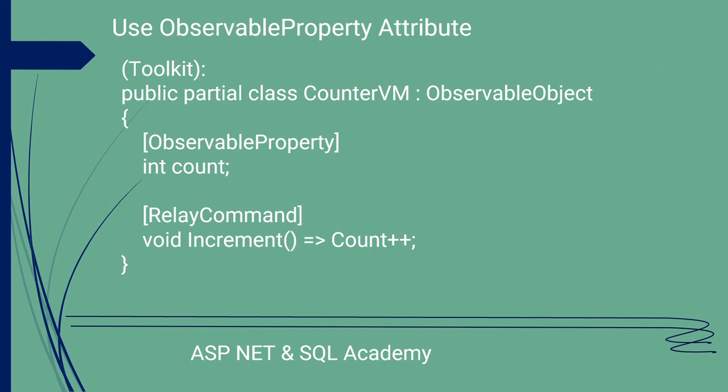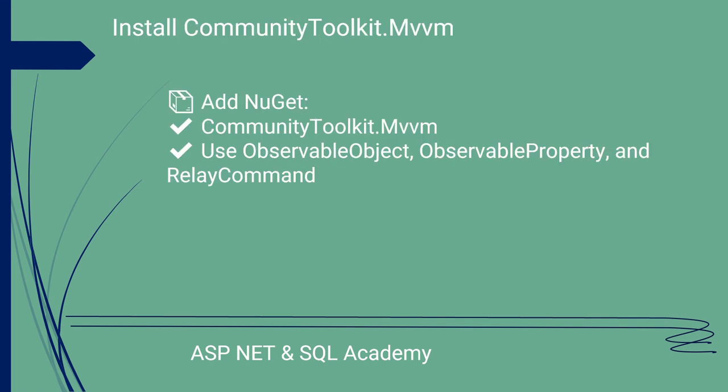The toolkit auto-generates all INotifyPropertyChanged logic and command bindings. You can install the toolkit via NuGet. Once added, your view model code becomes smaller, cleaner, and modern.